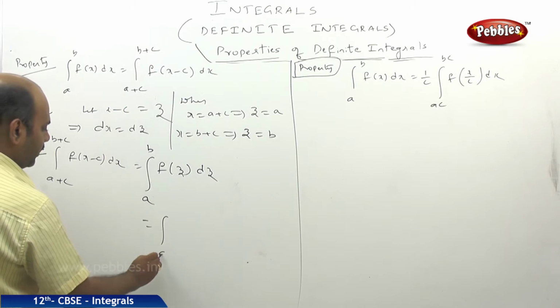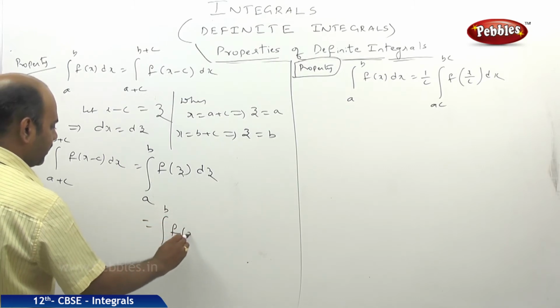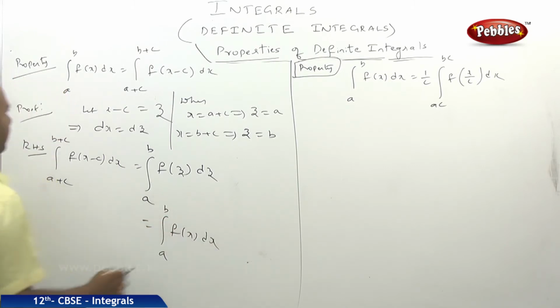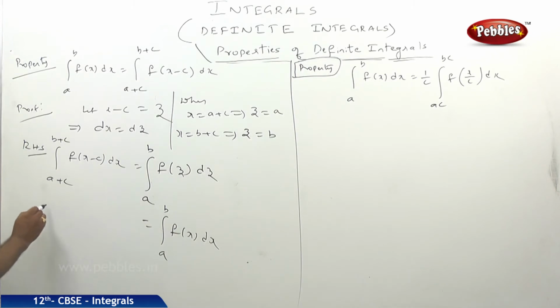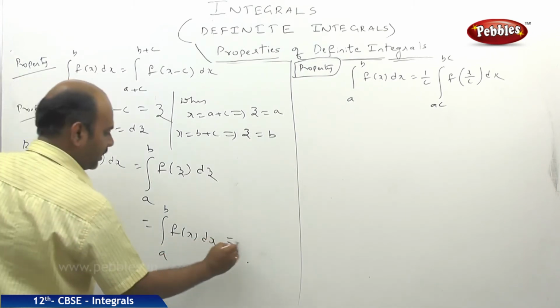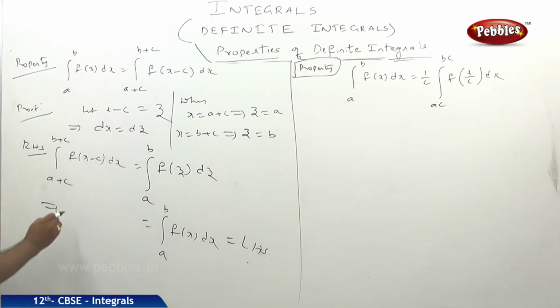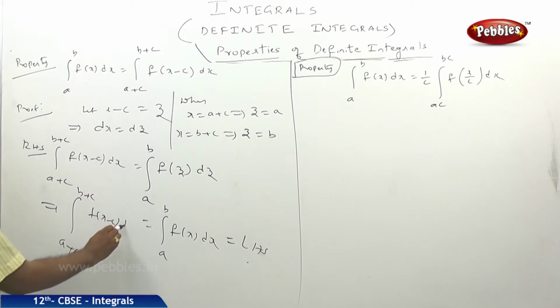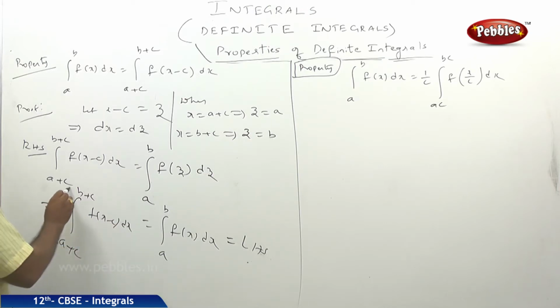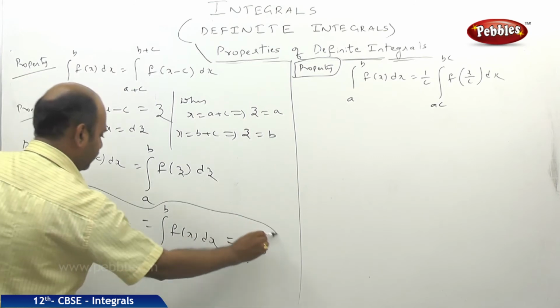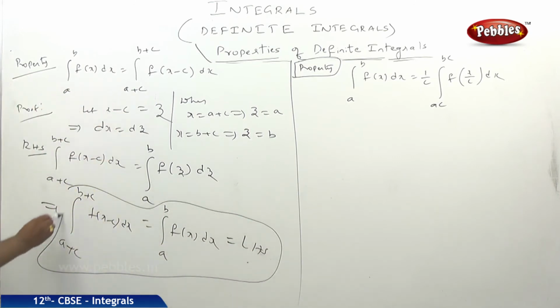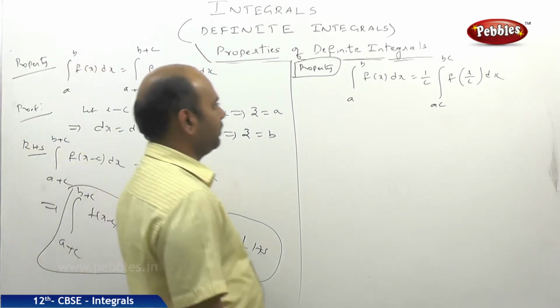So this can be rewritten as integral of a to b f of x dx. Therefore finally, this is nothing but the LHS only. So finally what can I conclude, integral of a plus c to b plus c f of x minus c dx is equal to integral of a to b f of x dx. This is also an important property you should remember. Now I am going to that particular property.